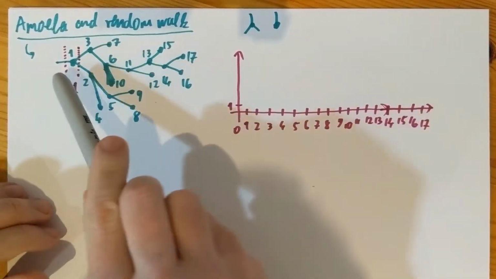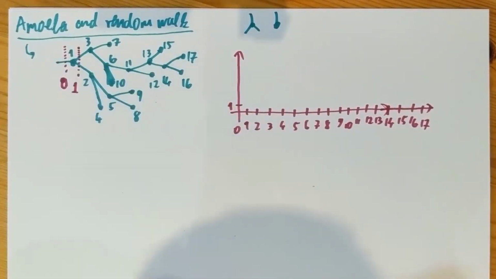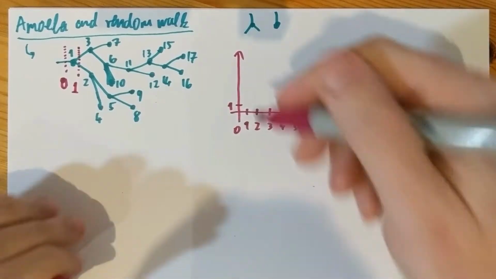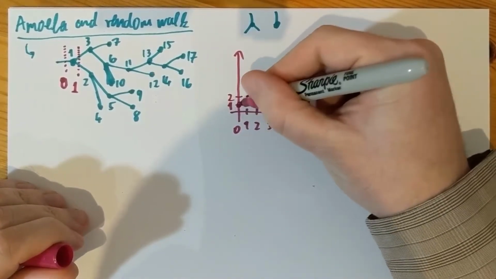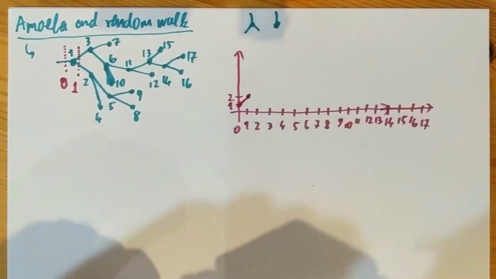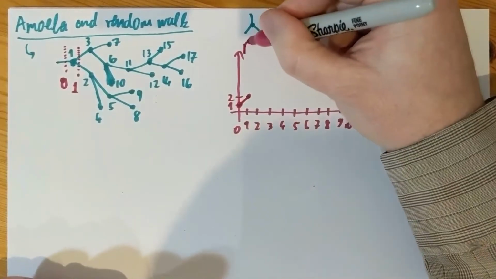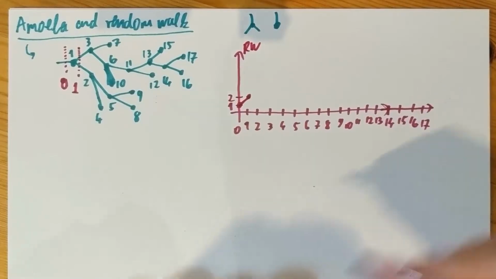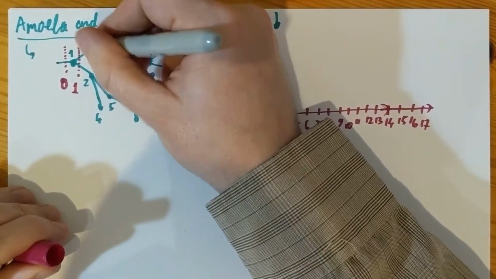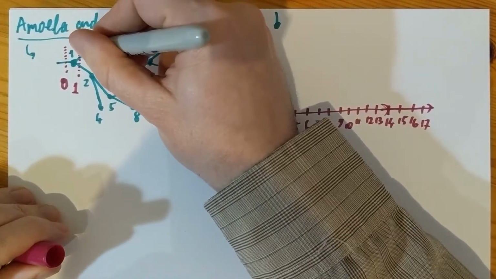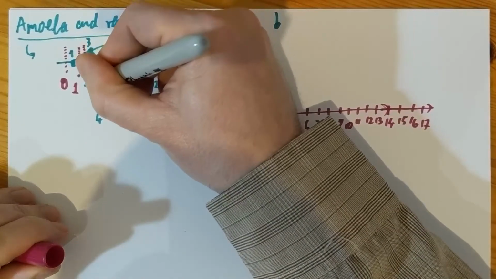Instead of going from 1 to 0, it's going up to 2. So at this time, I have 2, and my random walk went up. You'll see in a second why this is going to be a random walk. Once I'm done with that, I'm going to ask amoeba 2, dear amoeba 2, what do you want to do?